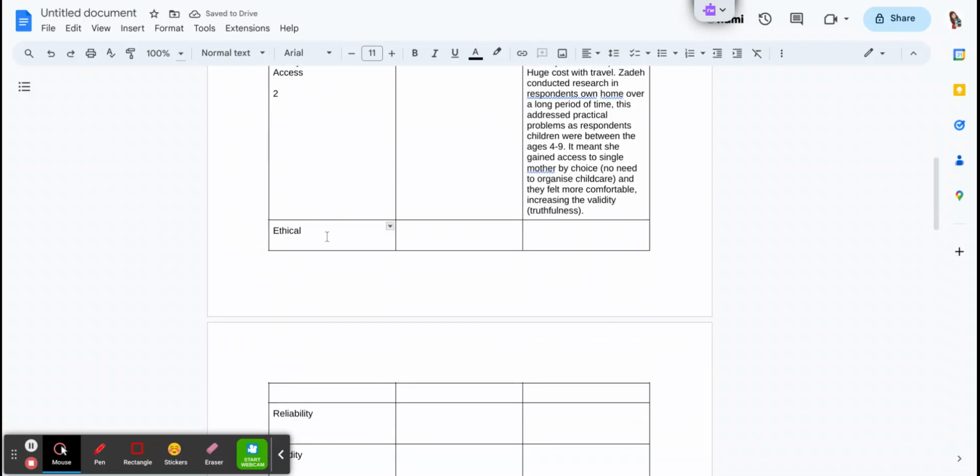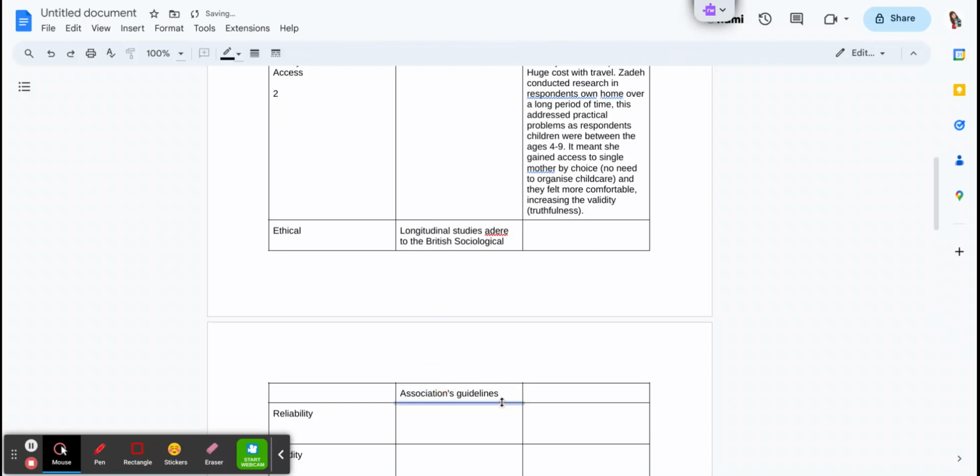Paragraph 3 is ethical. So, keep coming back to the question. Longitudinal studies adhere to the British Sociological Association's guidelines.